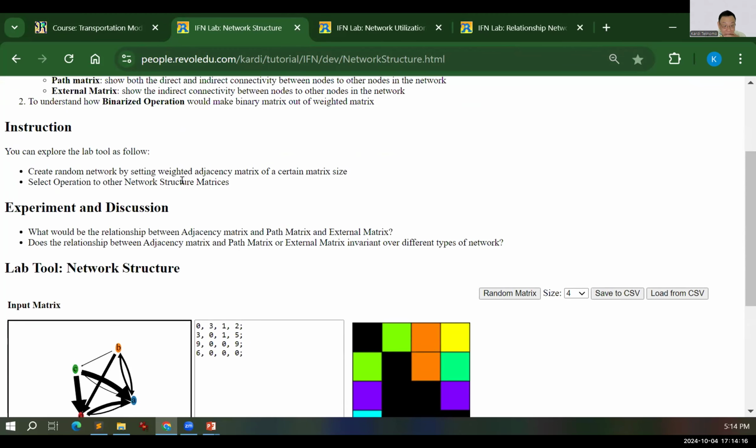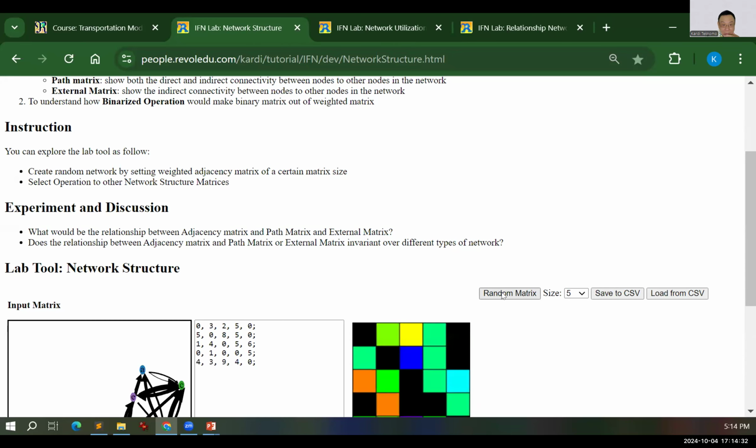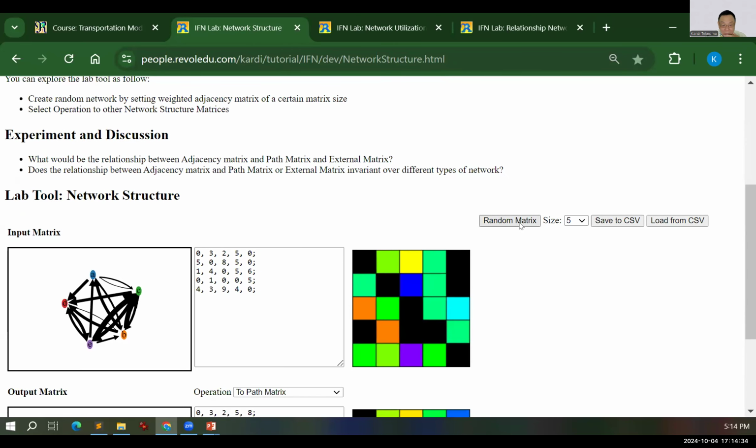Okay, the instruction is here. It's easy. You create a random network by setting an adjacency matrix here with a certain matrix size. You choose the matrix size, for example, 5. When you click this button, you can generate a random matrix.